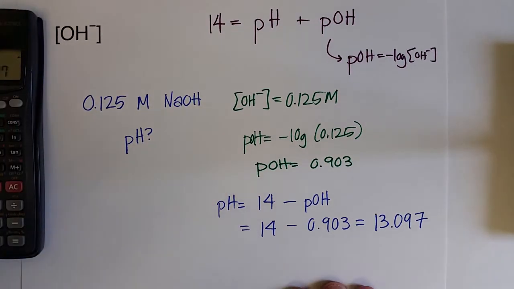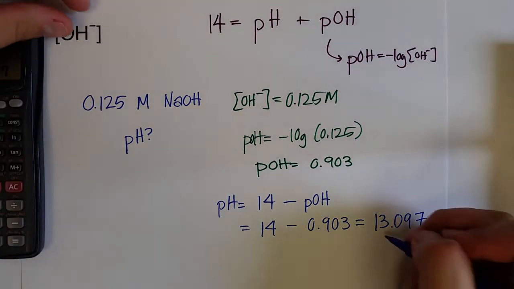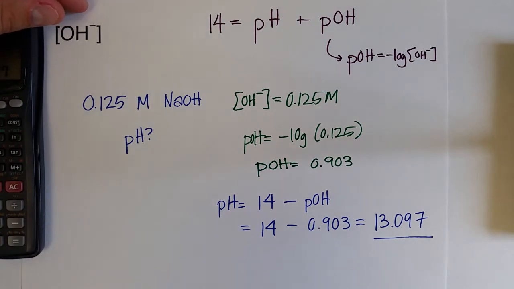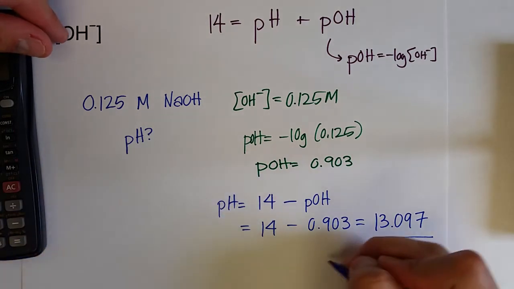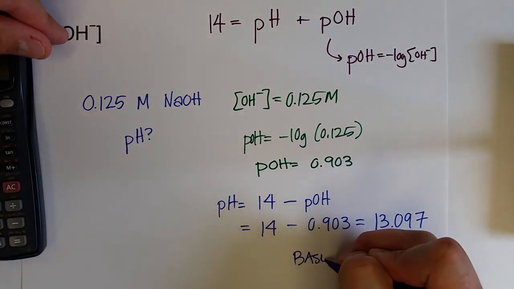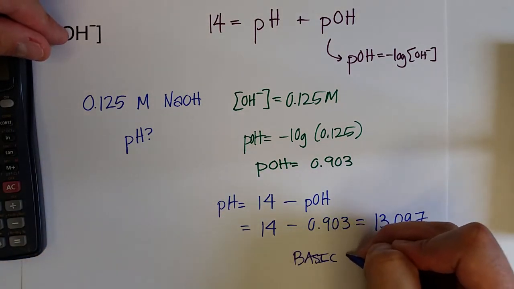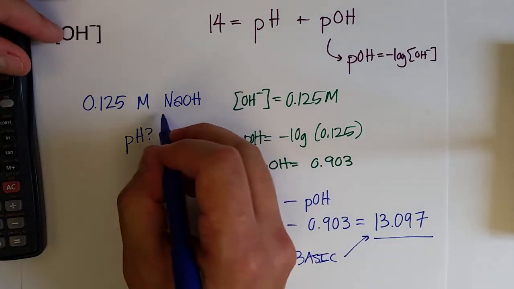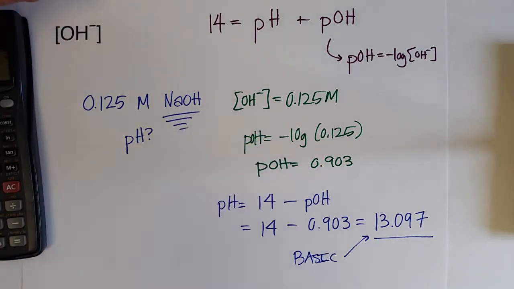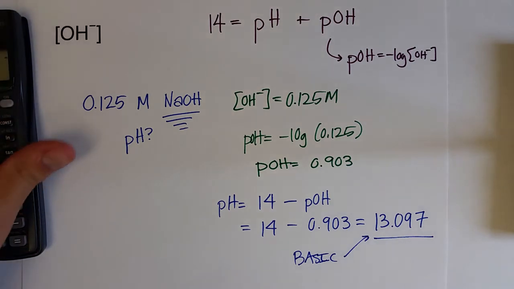And that's the pH of the solution. And of course, that is greater than 7, and so that is a basic solution, which isn't surprising because we have a solution of a strong base.